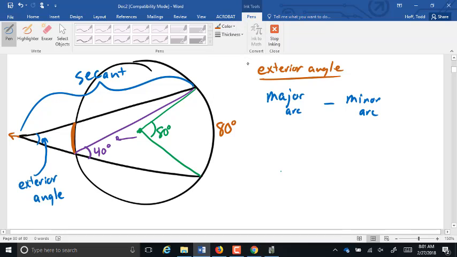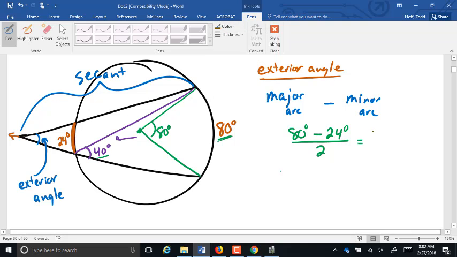If I tell you that this is 24 degrees, which one do you think is the major arc? The big one, the 80. Minus the minor would be the small one, the 24. And just like we did for the intersection of the chords and for inscribed angles, we do divide it by 2.